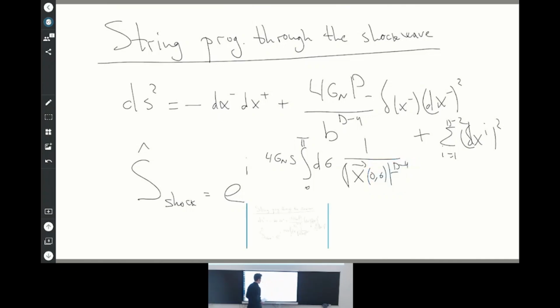So the basic point is that now you write this x as a center of mass little x plus stringy oscillators.